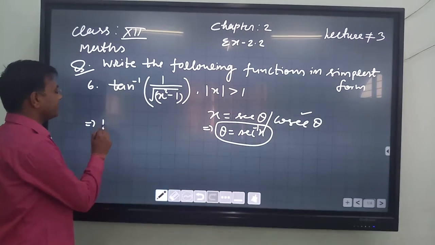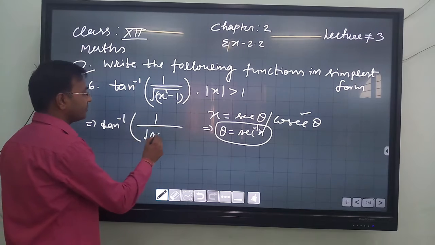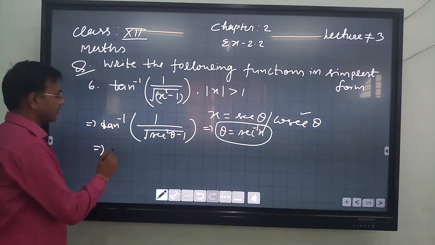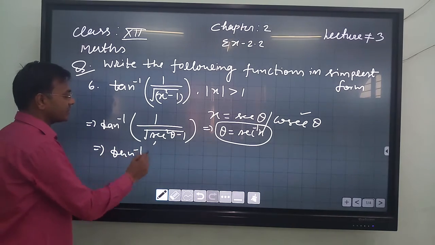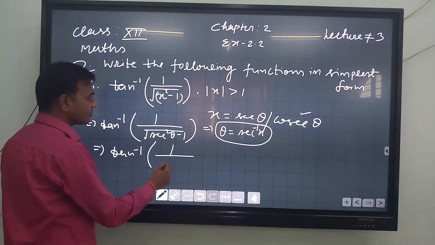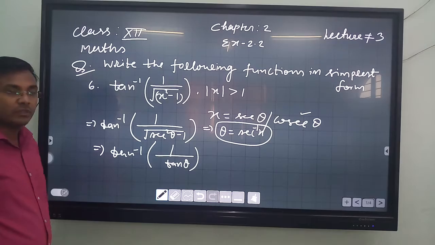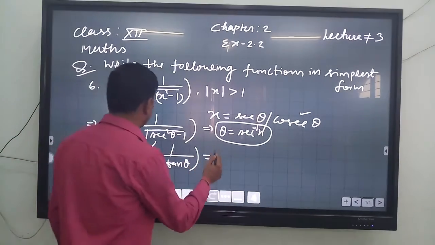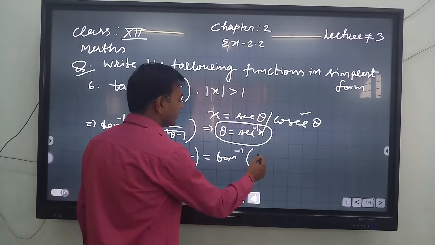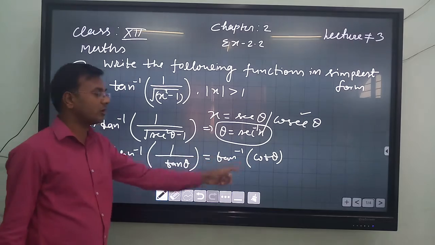So this implies tan inverse 1 upon under root of sec square theta minus 1, which equals tan inverse 1 upon under root tan square theta, that is, the under root is removed, 1 upon tan theta, and this will be tan inverse 1 upon tan, which equals cot theta.